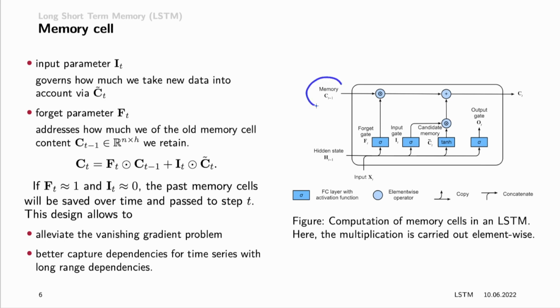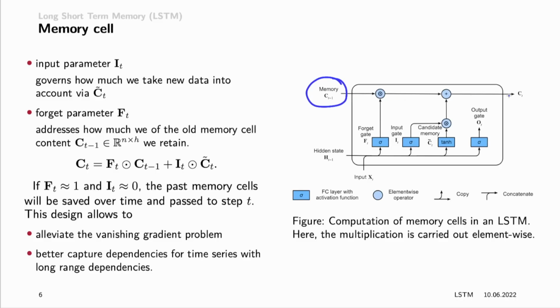Now we have computed these 3 gates and the candidate memory cell. Let's look at how information flows. LSTM introduces into the network the so-called memory cell C, which, similarly to the hidden state, is passed from cell to cell along the recurrent chain.